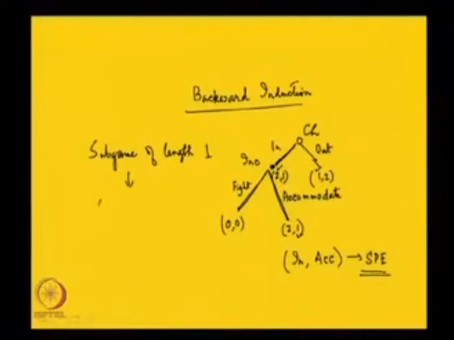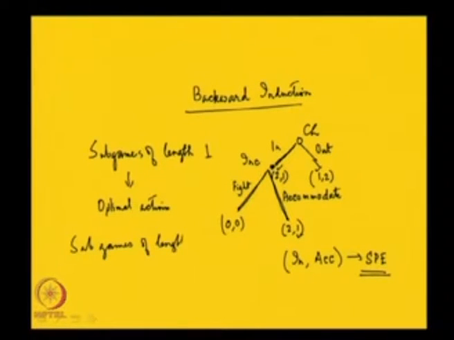So, I figure out the optimal actions of the players at the beginning of subgames of length 1. Then I go backward, and that is why it is called backward induction. I go backward and look at the subgames of length 2.